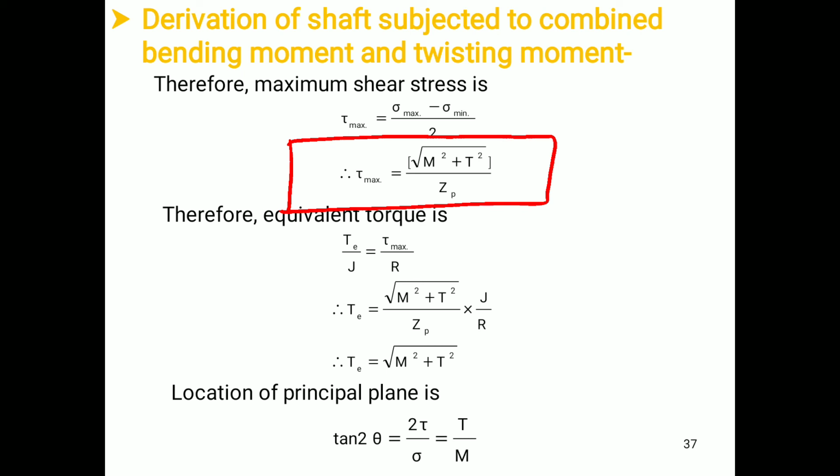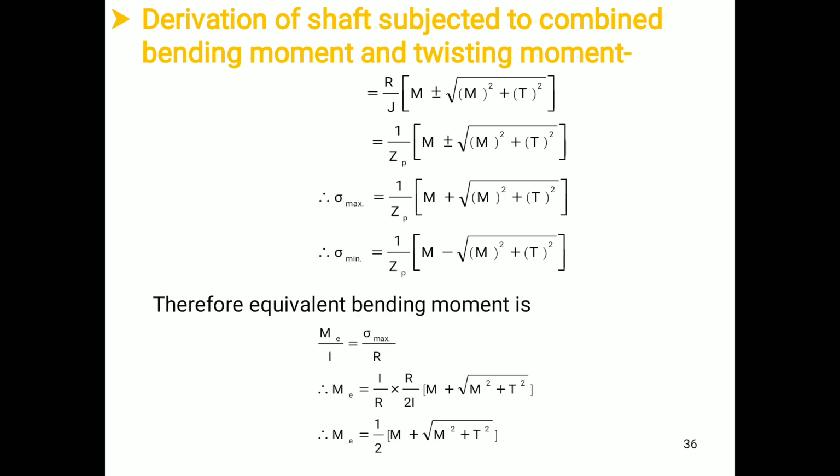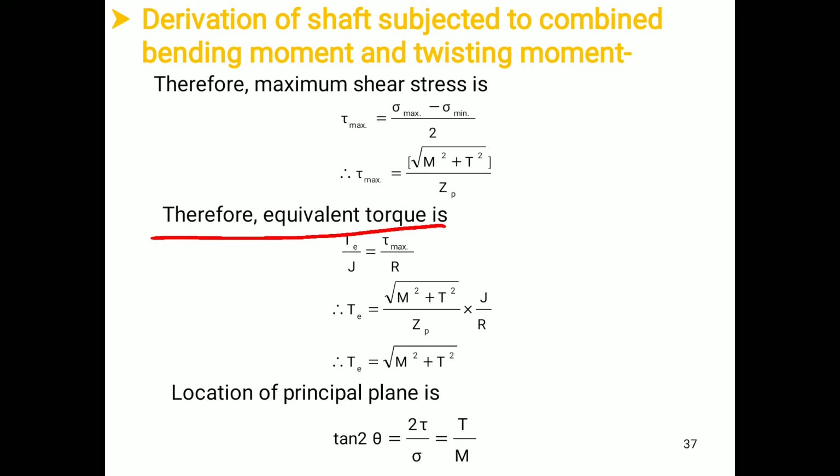Once you know the value of tau maximum, we can easily find the value of equivalent torque. In the previous case, we found the equivalent bending moment from sigma maximum and sigma minimum. Now we find the equivalent torque because we know tau maximum.